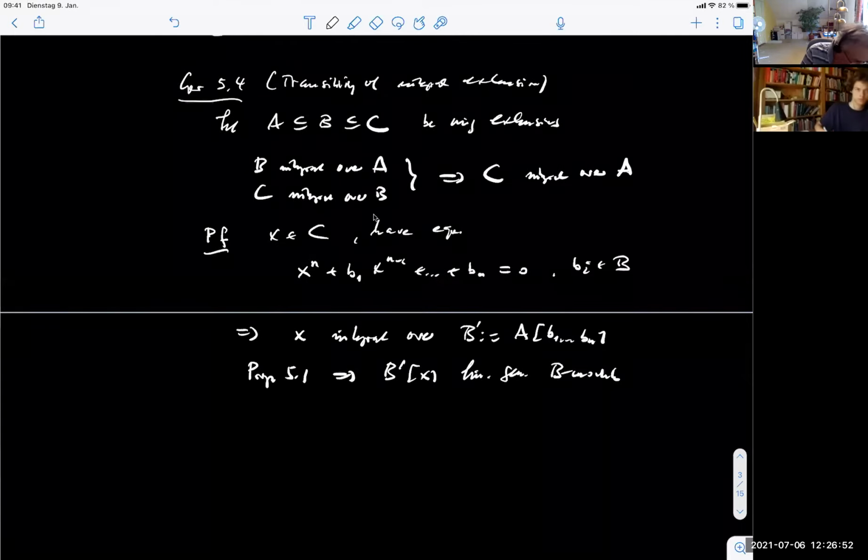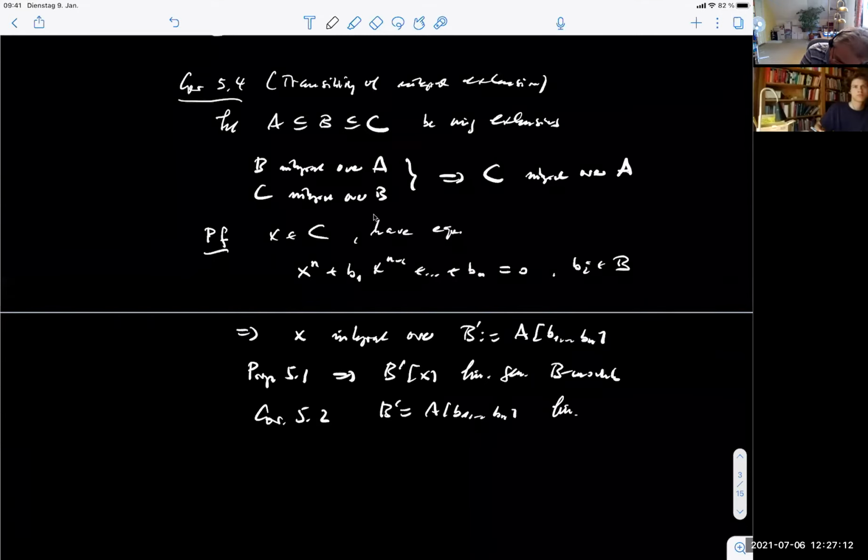And by Corollary 5.2, what is this thing? Also B. Maybe I should write it this way. My B prime, which is this, is a finitely generated A-module.